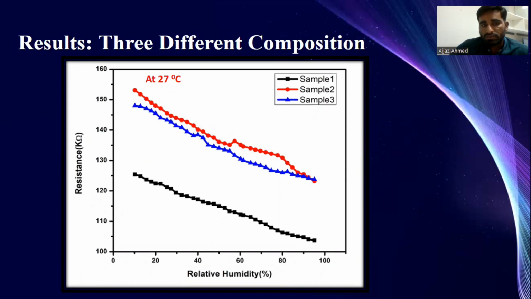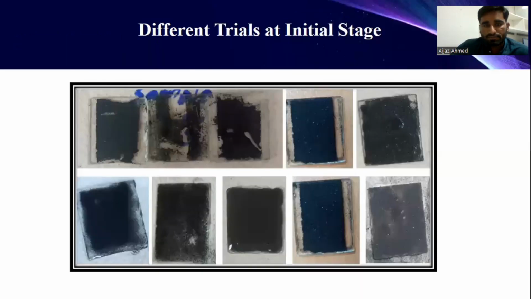When we took different readings and values of the sensor while testing, sample 1 looked quite linear and stable. So from comparing these three samples, we took sample 1 as the best to present here. This is our final sample, sample 1, which is stable and linear.